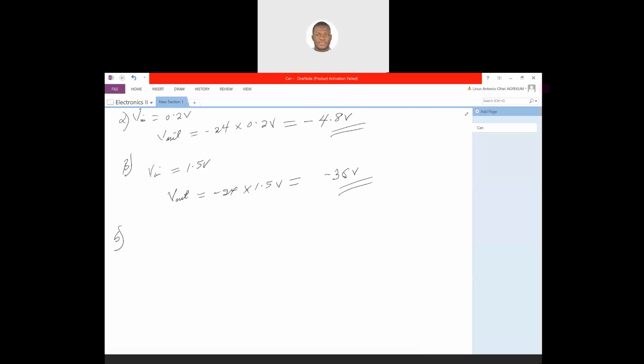Now, for B, the B part of the question asks us to state four characteristics of an ideal operational amplifier.